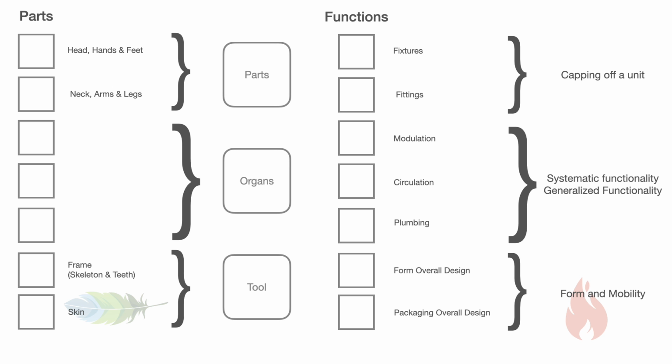So one thing to mention is, of course, I've got on the left side parts that are just parts, and then organs. To note, these are the most intricate types of parts. And then lastly, those are parts that could be considered tools or mechanisms.